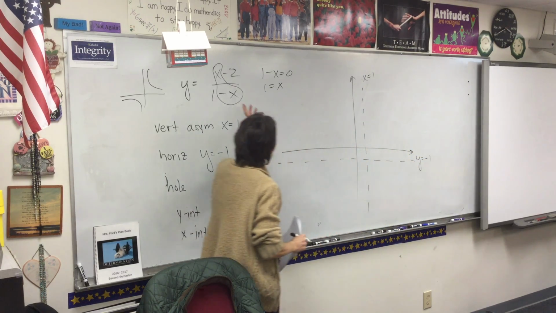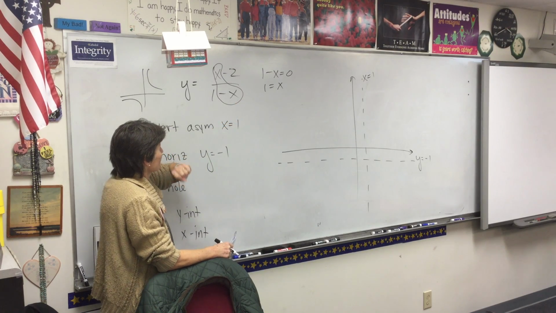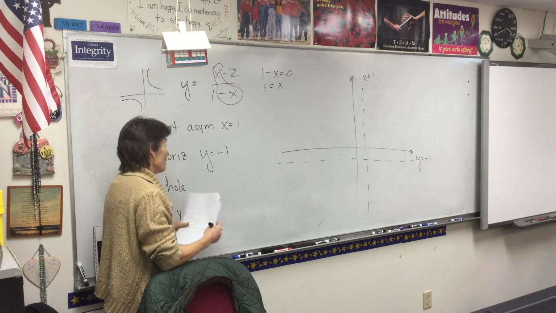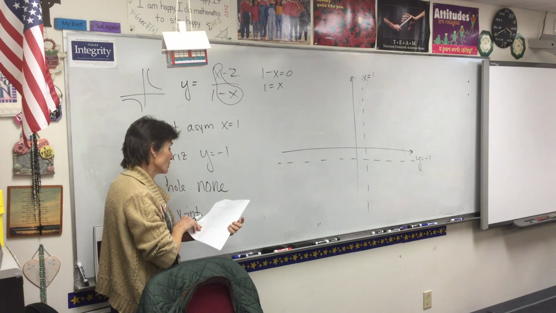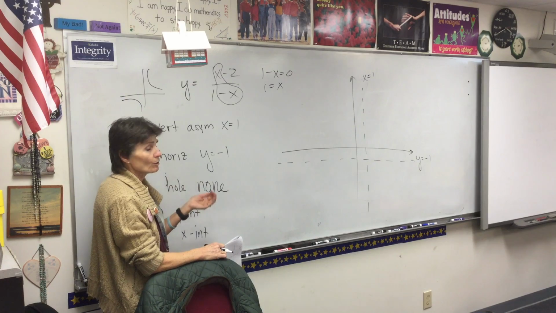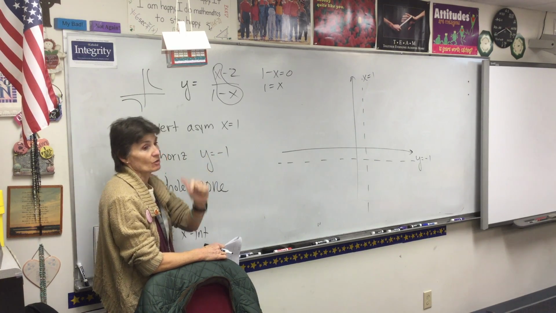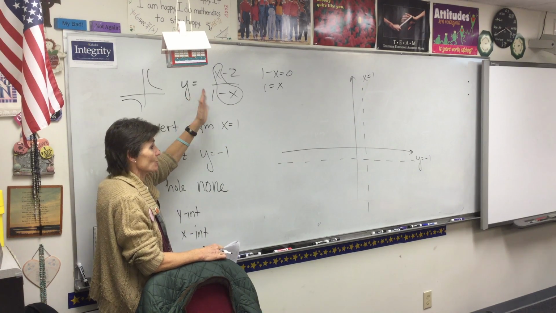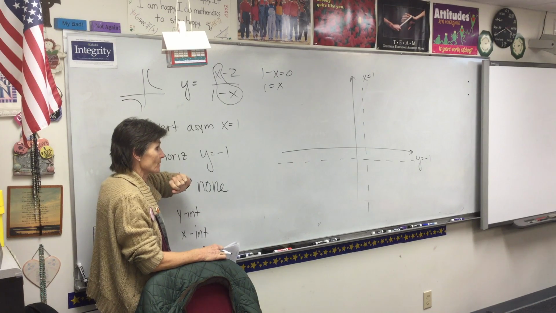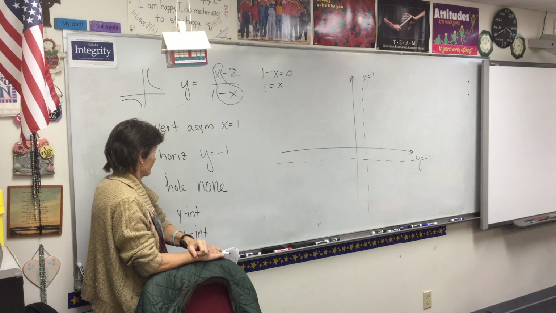We box in the x's and look just at the x's. Now, this problem has no holes. We hope to get to one that has holes later today, but in order to have holes, you have to be able to factor and cancel in your problem. Nothing factors and cancels here, so there aren't going to be any holes. You must factor and cancel to get a hole.